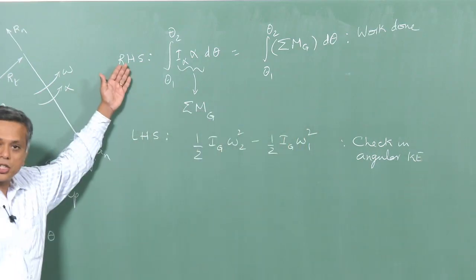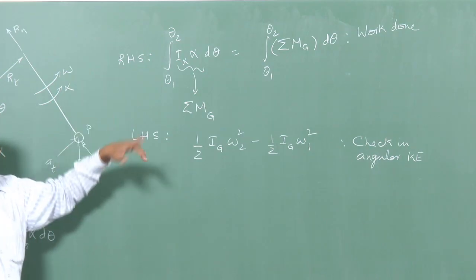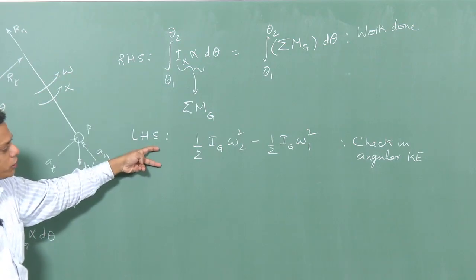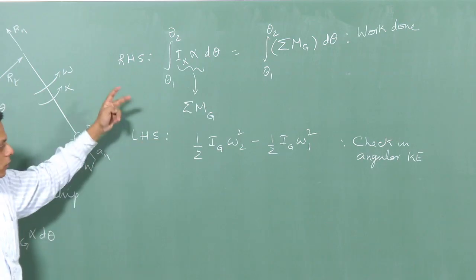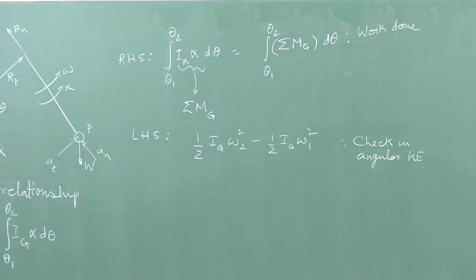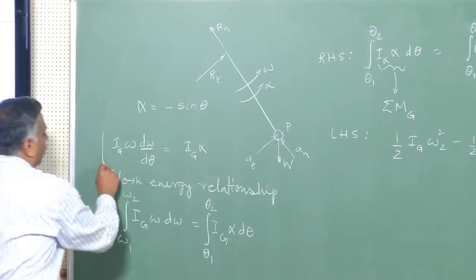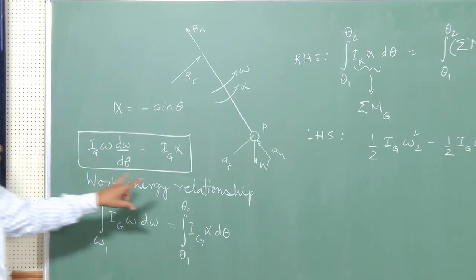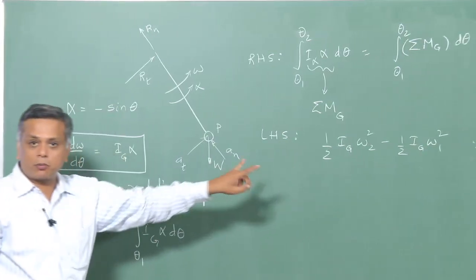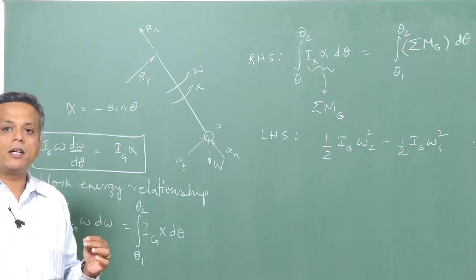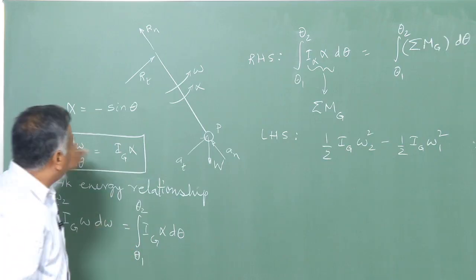So essentially what we wrote down in the linear form, that work done on the body is equal to the net change in the kinetic energy of the body, is also true when you start thinking of this in an angular sense. So we will go back to this form here because it is essentially a differential form of this integral relationship. The differential form is valid at every point in the process.